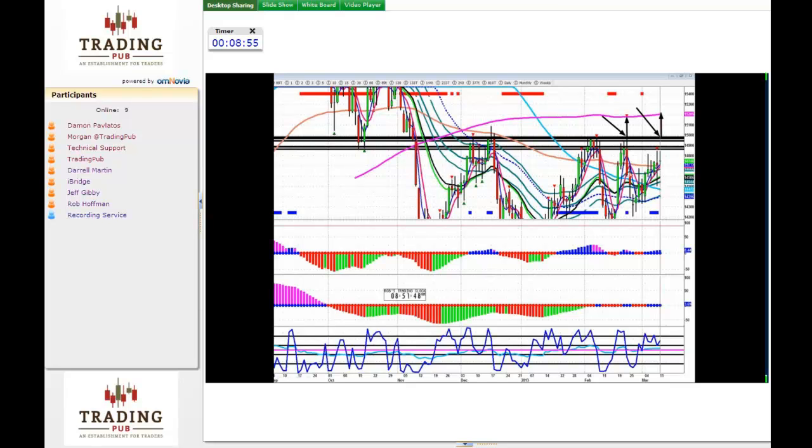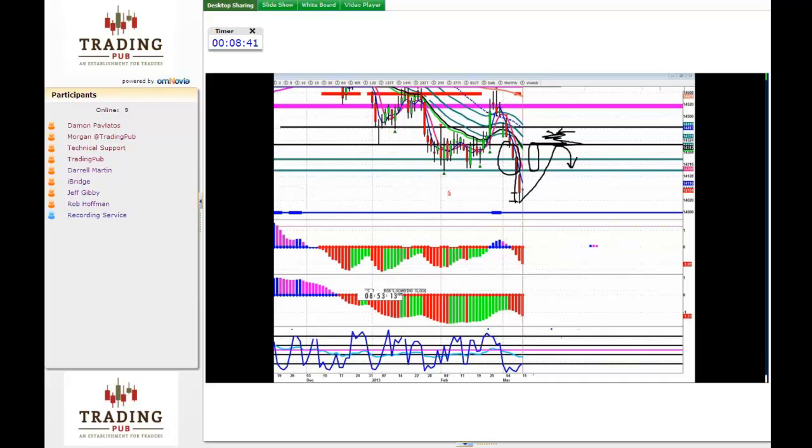I just wanted to point out this was a key area that I wanted to break on an intraday basis. Does everybody see this top blue bar here? Well, this was a key area that I was looking to break. Earlier, we came back to that distribution zone only to roll over. So that became the key level to break going forward.